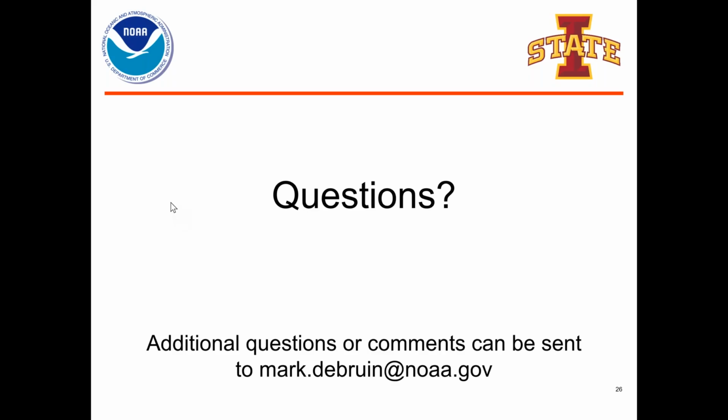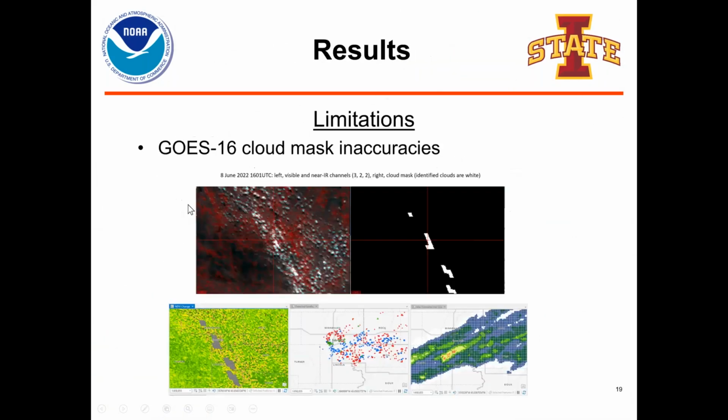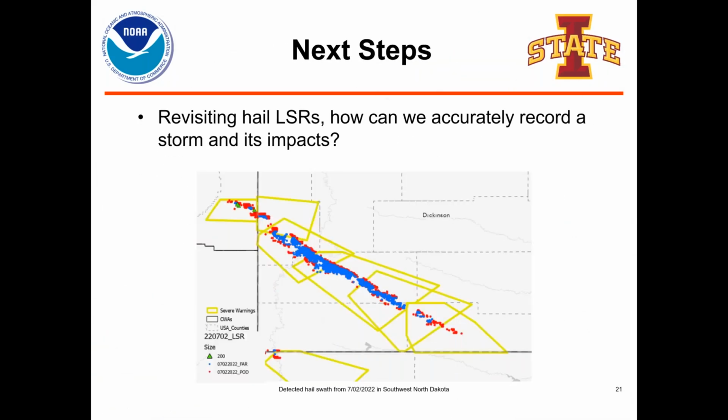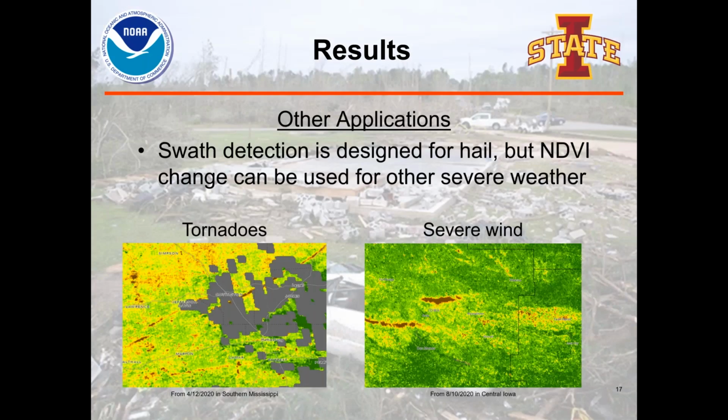Yeah, thanks, Mark, for the presentation. I really liked it. I was wondering if you could back up a few slides. I just have a question on where you show the POD and the FAR, with your image that shows the hail swaths. I think it was like 7 or so slides ago.